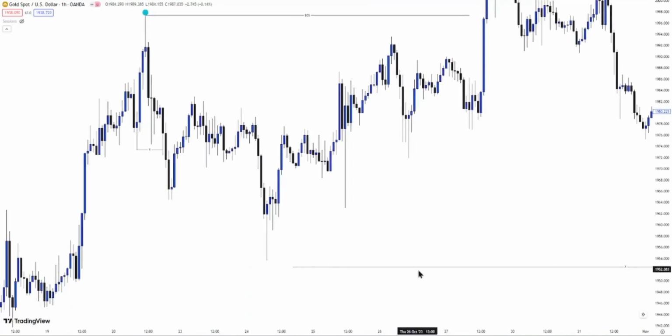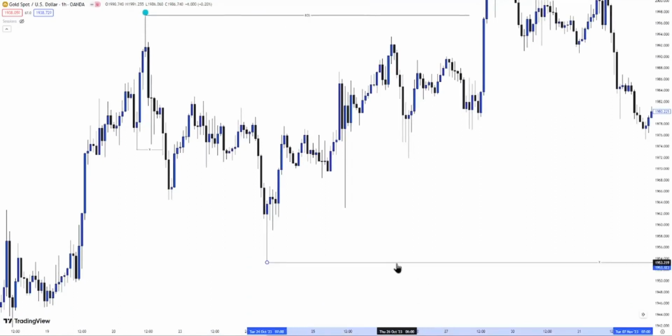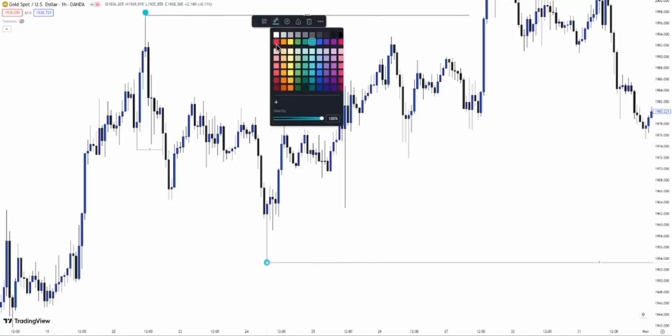Now remember, this is your low. This is your higher time frame, your D1 time frame inducement, but this is also your 1 hour inducement. So we can mark this as your 1 hour low. That's your 1 hour low. Why is it confirmed as your 1 hour low?